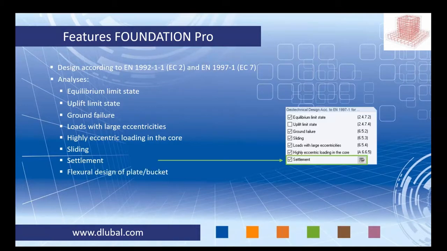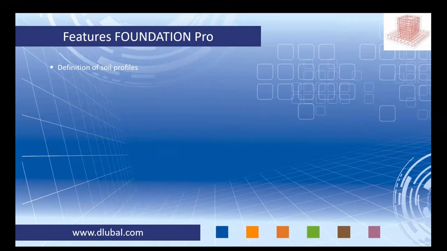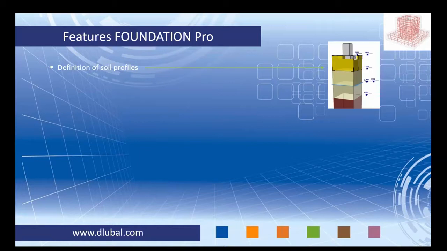And for the concrete design, we do a flexural design of the plate and the bucket, and also a punching shear design of the plate. What we can do in Foundation Pro is, for example, define soil profiles.